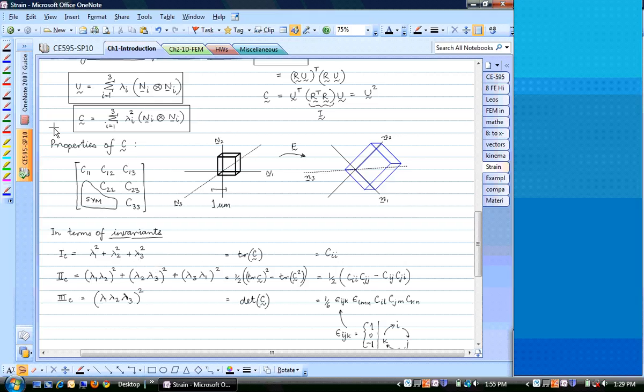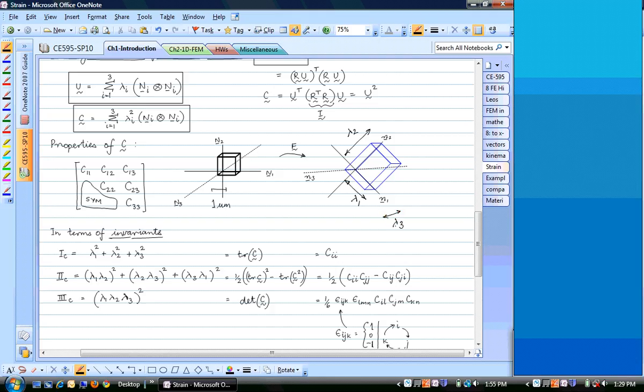So physically, what does this mean? I was talking about this unit cube, and when it deforms, it goes to a state where the length along n1 is going to be lambda 1, the length along n2 is going to be lambda 2, and the length along n3 is going to be lambda 3.